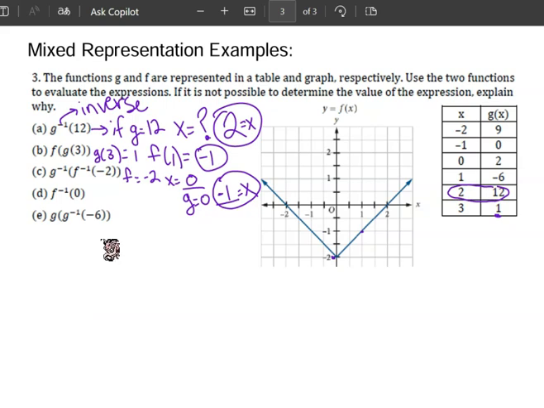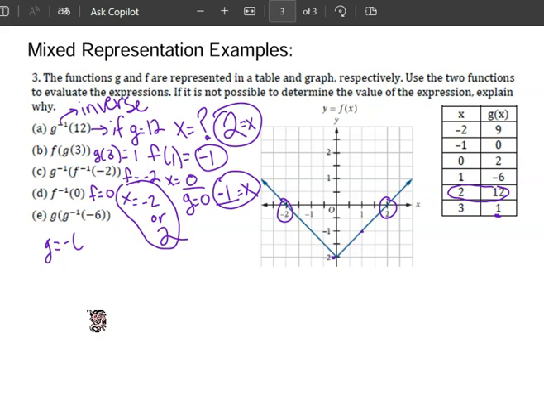On D, we have f inverse of 0. When f equals 0, the x equals -2 or 2. And then E, we have g of g inverse of -6.